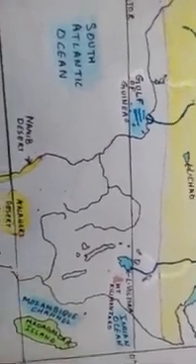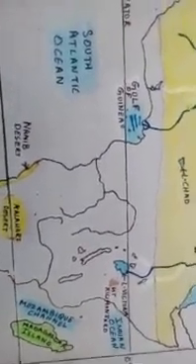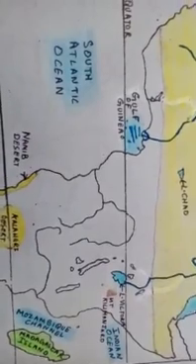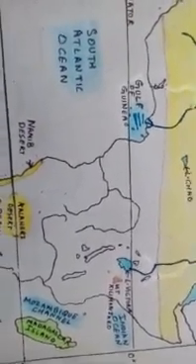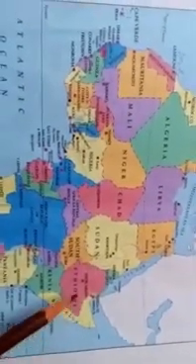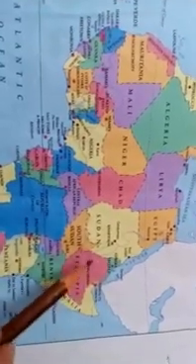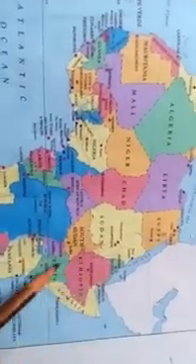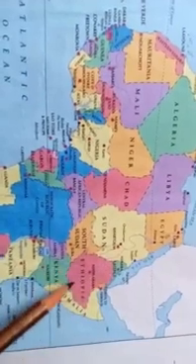We have marked most of the features, only one is left, that is your Ethiopian plateau, which we will also be marking today. The Ethiopian plateau is in the eastern part of Africa. That is, it majorly lies in the country of Ethiopia.